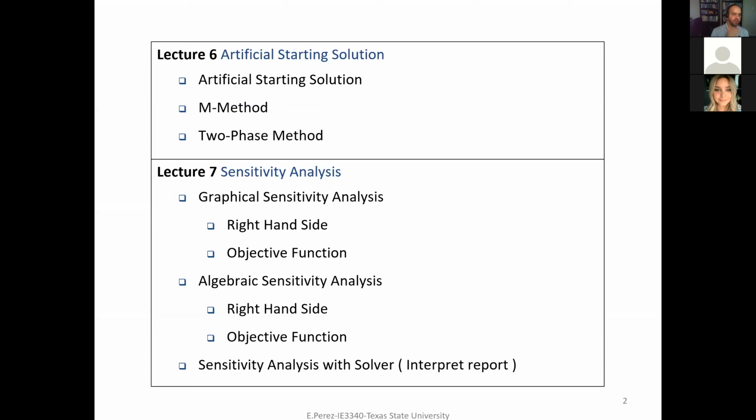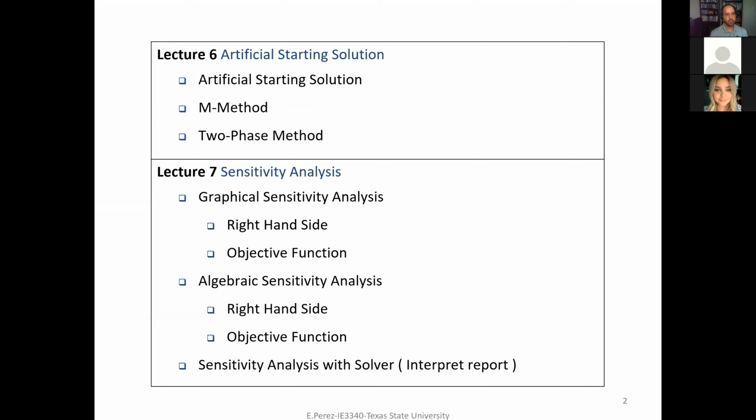And then after lecture 5, we transition to lecture 6, which is the artificial starting solution. For this, we learned two methods, the M method and the two-phase method. The idea of the artificial starting solution is that sometimes you don't have access to the slack variables, and when you put the problem into equation form, sometimes you have equality, sometimes you have greater or equal to constraints.